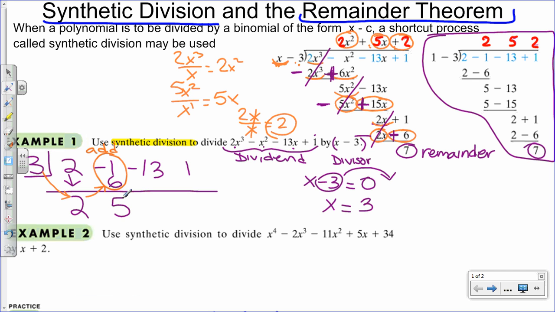Now, why are we adding and not subtracting? What do you guys think? It's the opposite. What can you tell me about the number that we have inside that tiny little box and the constant term of the divisor?